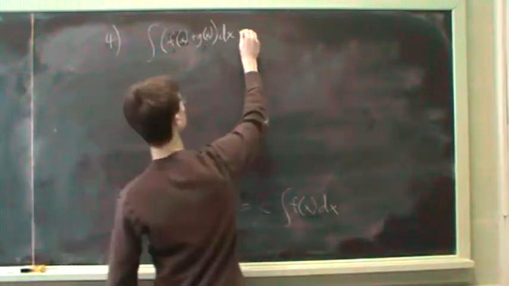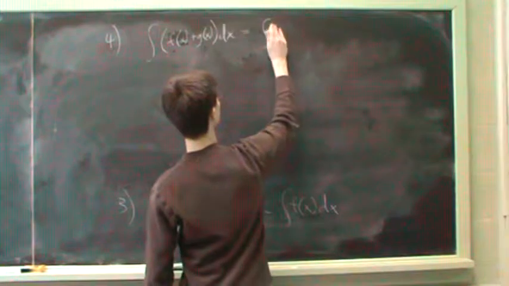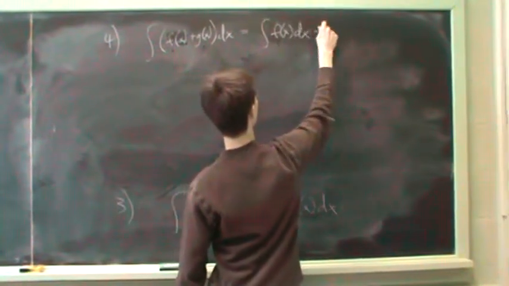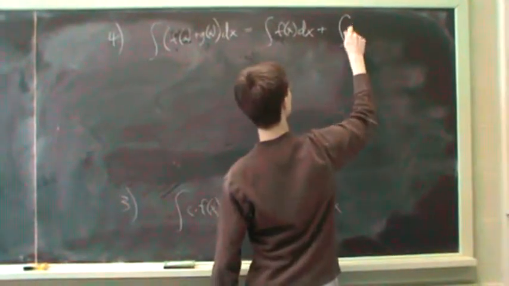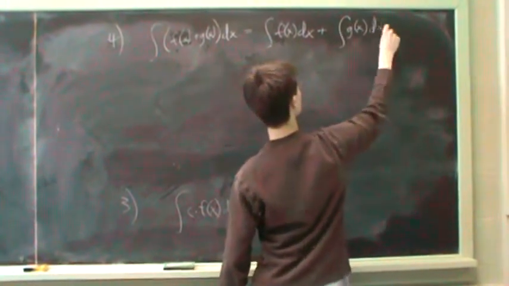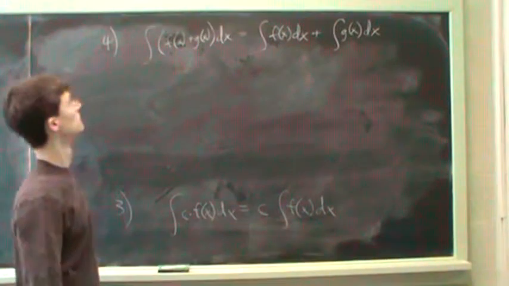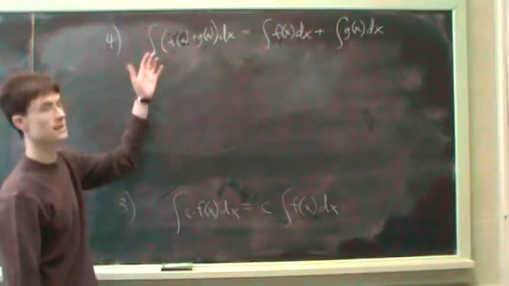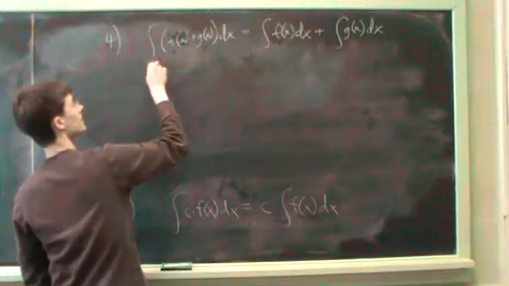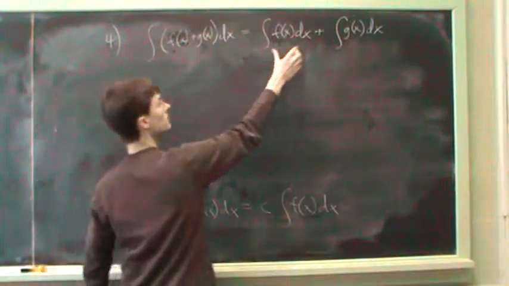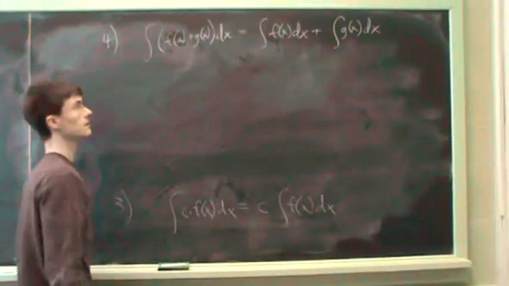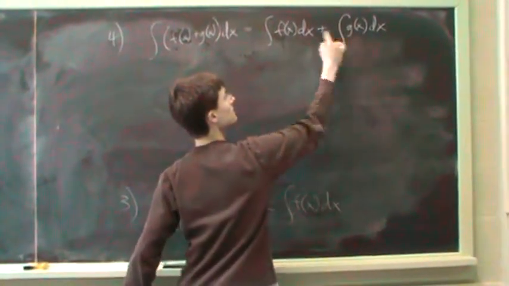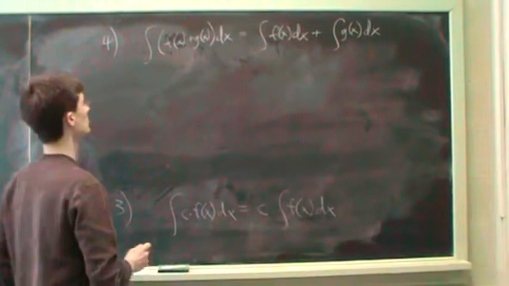So this is going to be the same thing as the integral of f plus the integral of g. So just like differentiation, if we're trying to integrate the sum of two things, we can split apart and find the antiderivative or integrate each of them individually.